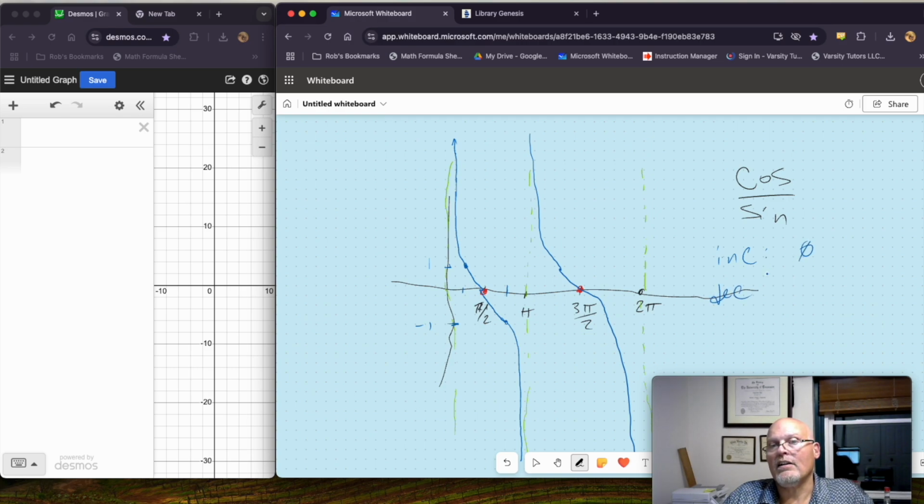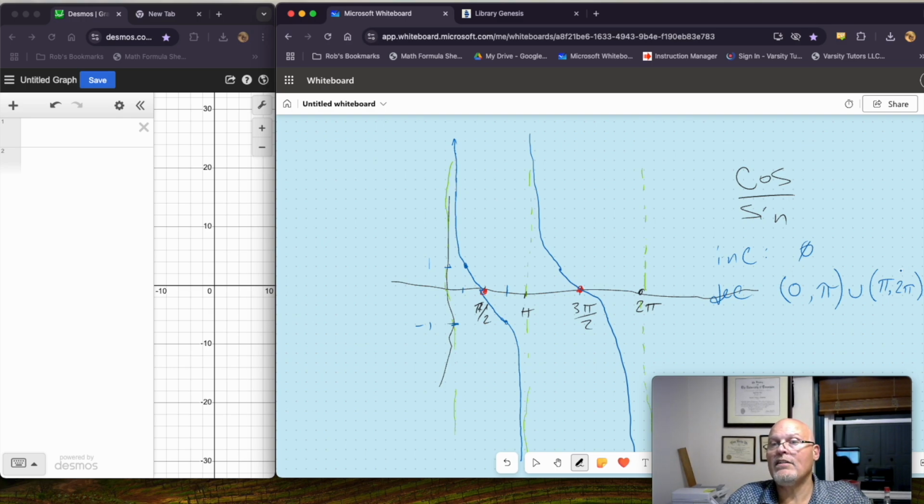It's decreasing from 0 to pi, both open because it doesn't equal those, and then from pi to 2 pi.